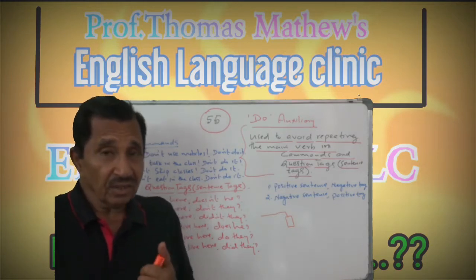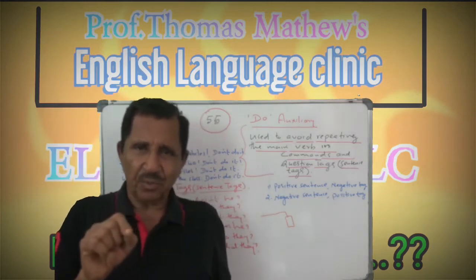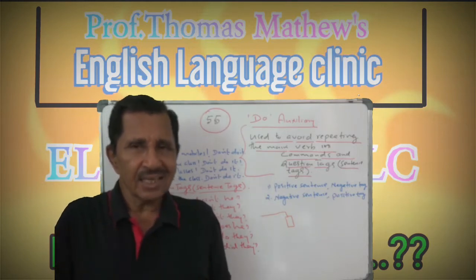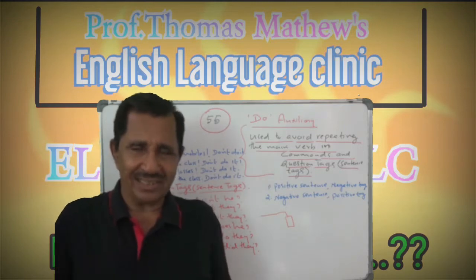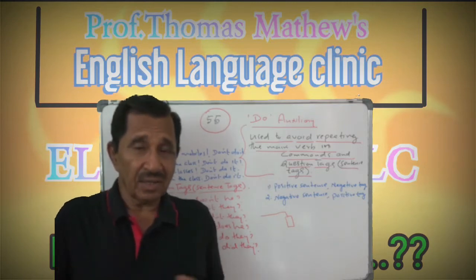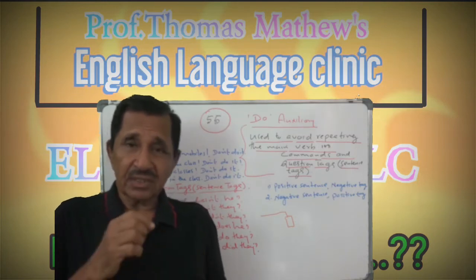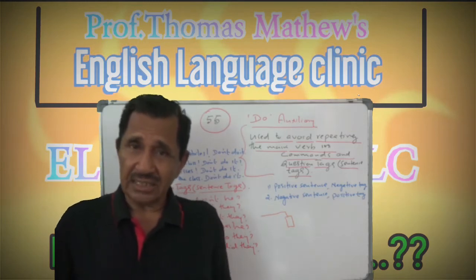The main point you have to keep in your mind is that if the sentence is positive, the tag will be negative. And if the sentence is negative, the tag will be positive. Otherwise it makes no sense. About singular and plural: if the verb in the sentence is singular, then the tag will have does.